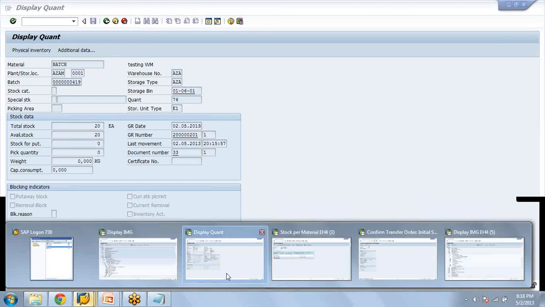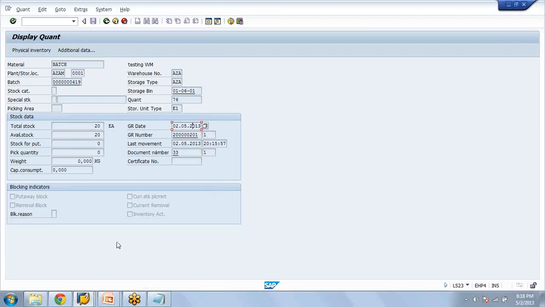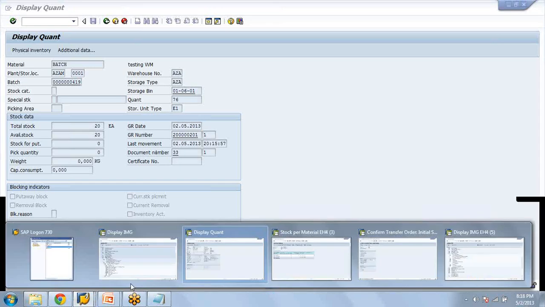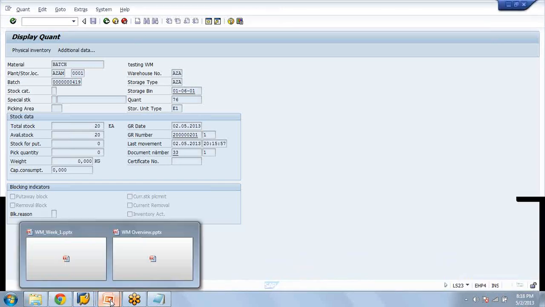If you have any doubt, tomorrow you will run this with the same batch. So if you want to use a FIFO picking strategy, you should be careful in defining the put away strategy.